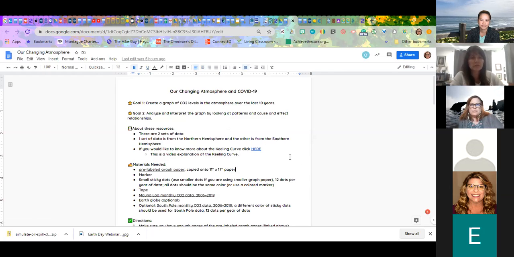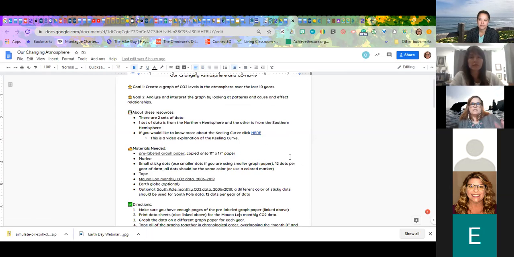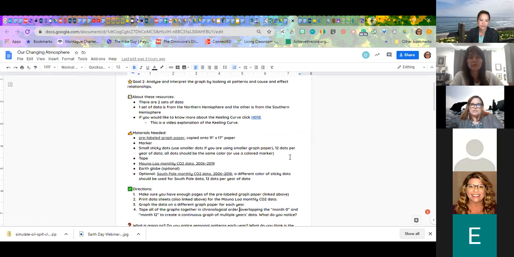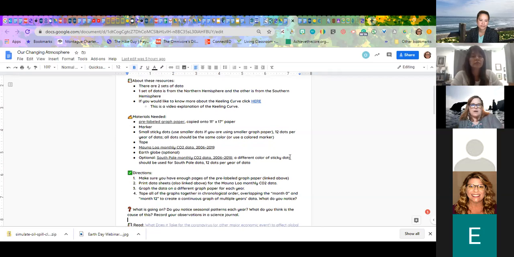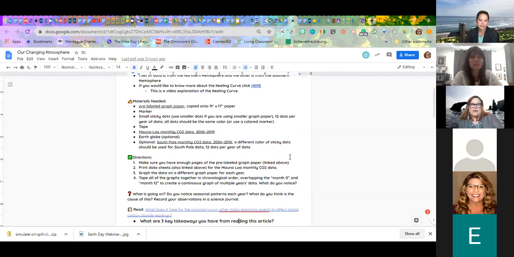And again, this is geared more towards secondary. You never know what materials students might have, but I try to write it so that if they don't have all these things at home, they could still use markers and stickies and things like that. So I did do an actual investigation so that they could do a hands-on graph and do an analysis of the graph. And then I also added in some reading.